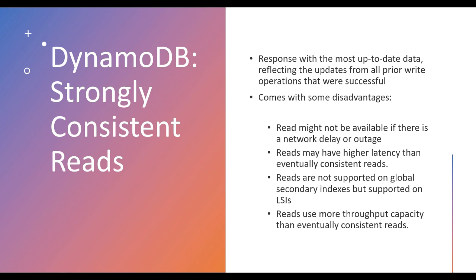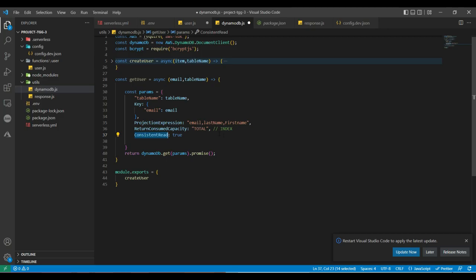And it consumes more RUs, but your read is strongly consistent. So we are always sure that we are reading the latest data updates. By default, this value is false, so you can set this value to true only in case we want to do strongly consistent reads.